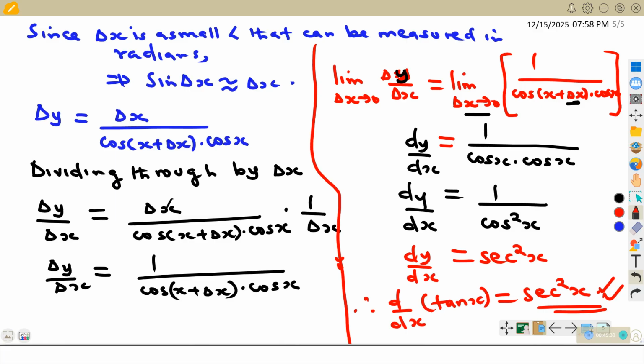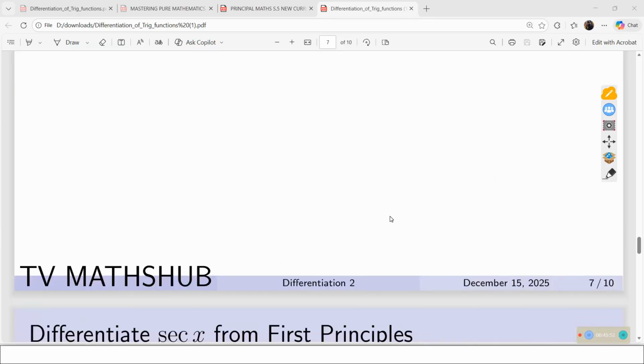So we have so far discussed what you get when you differentiate sine of x, what you get when you differentiate cos, and what you get when you differentiate tan. Next I want to differentiate one more, and you will try one for me after that.